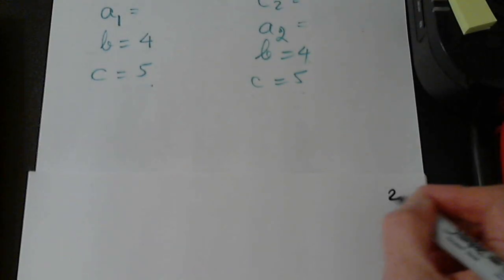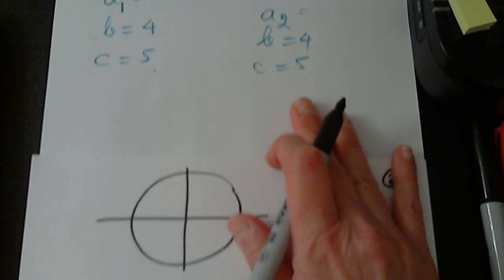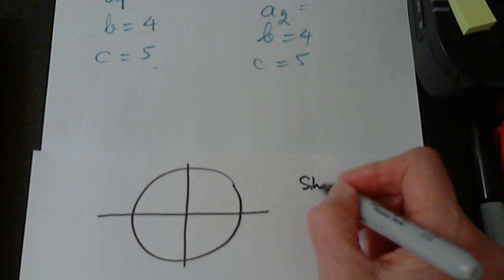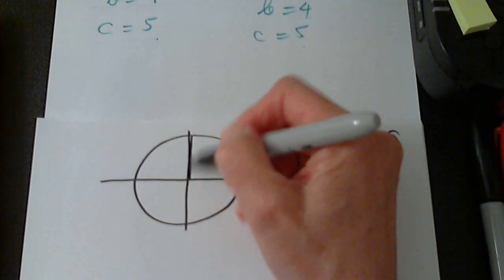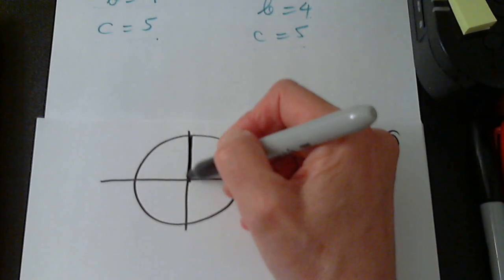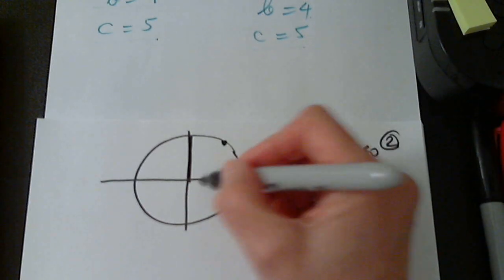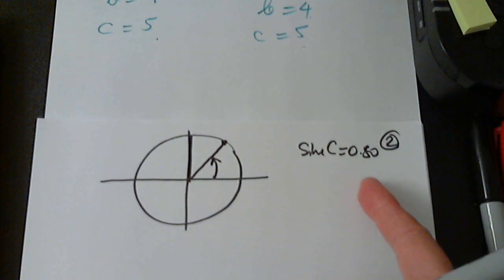So when we go to the unit circle, and we were given that sine C equals 0.8, sine at 90 degrees is 1. So I'm going to say probably about here is the angle whose sine is 0.8.